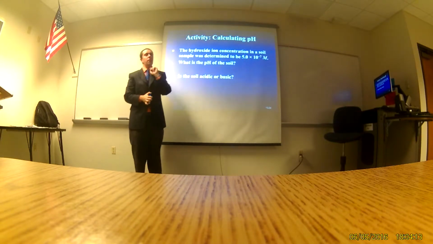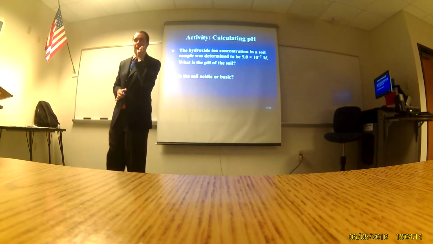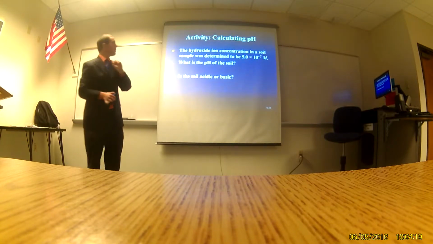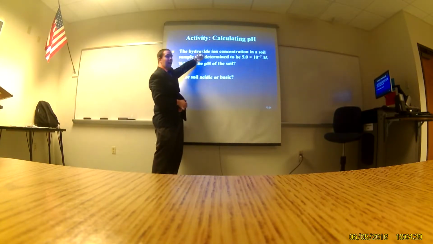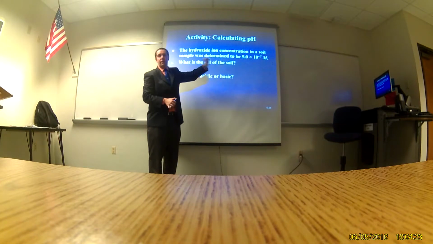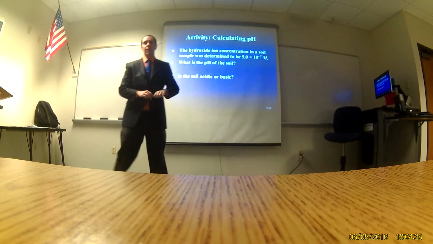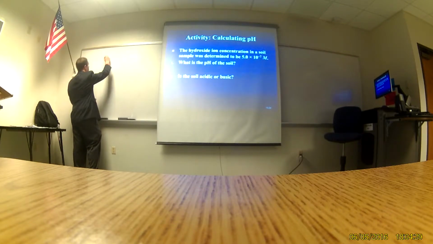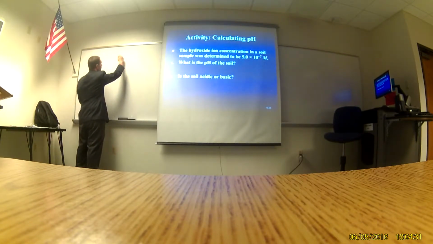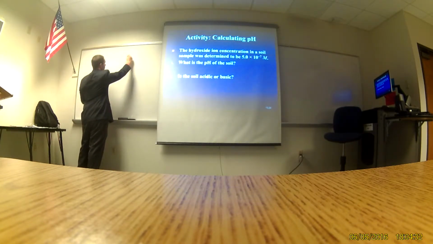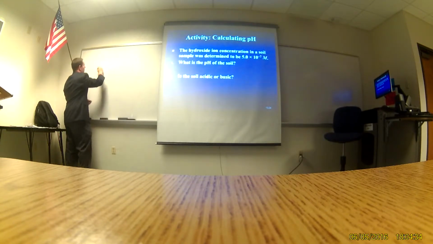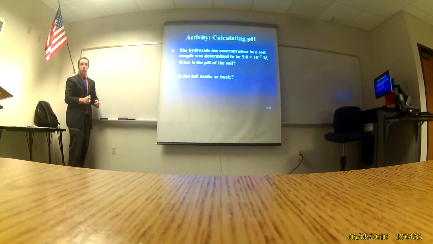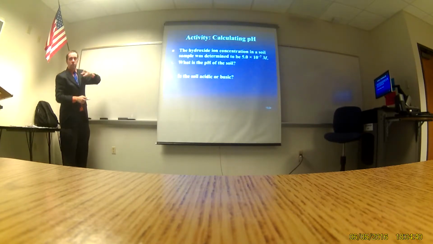What is the formula for pH? Negative log of the H3O plus. This is giving us the hydroxide ion concentration. So if OH minus equals 5 times 10 to the -7, what is my H3O plus concentration? You're going to have to do it in a calculator because that's not a 1.